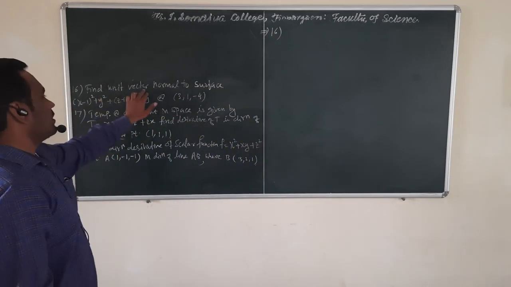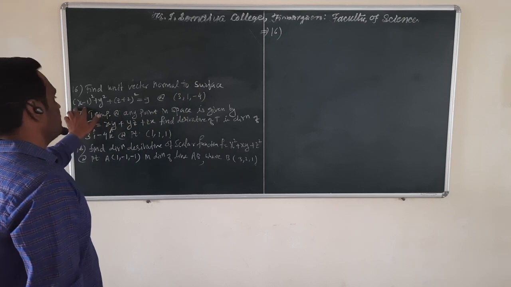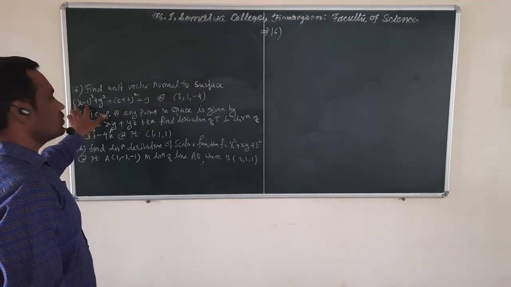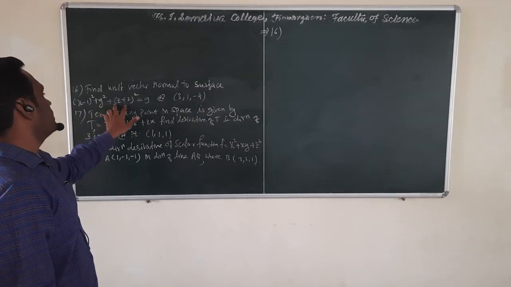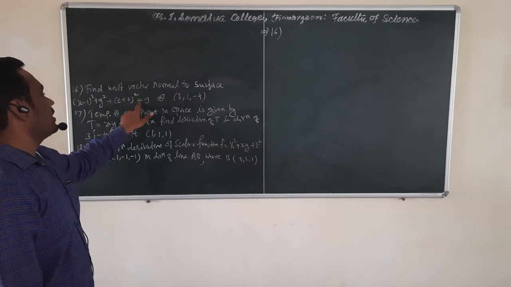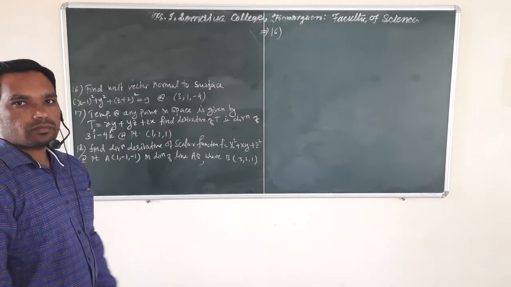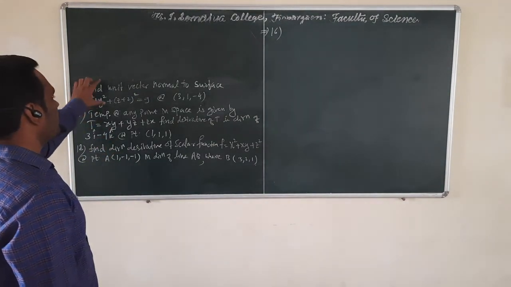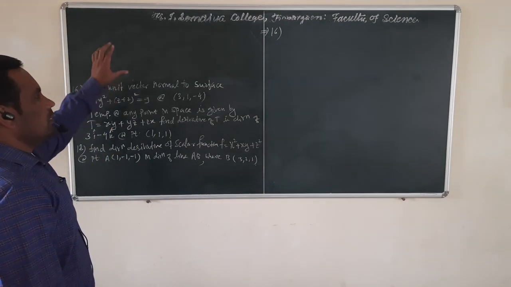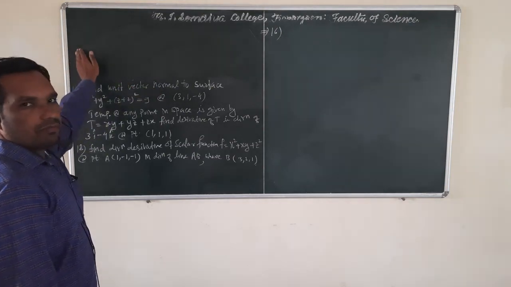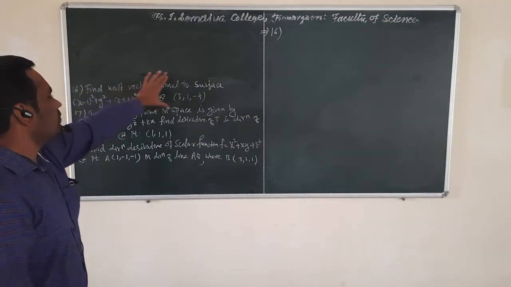Find the unit vector normal to the surface (x minus 1) square plus y square plus (z plus 2) square is equal to 9 at (3, 1, minus 4). So I think you can solve this problem. We solved problem number 15 before this. Same procedure we have to follow.